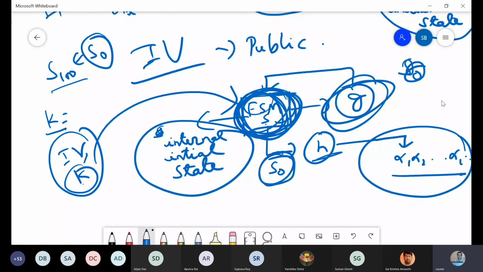We store the IV and the key into this finite state machine state, and start updating it. That part is called the initialization process. There we keep on updating, and after some time we are happy that we have done enough updates. After that onwards we start generating the keystream. That is the idea.